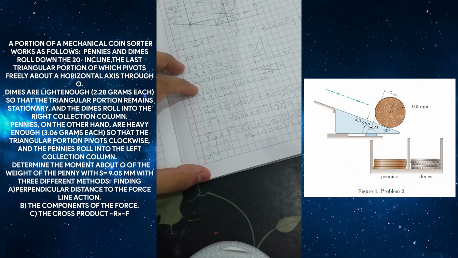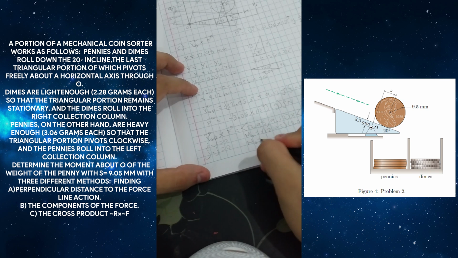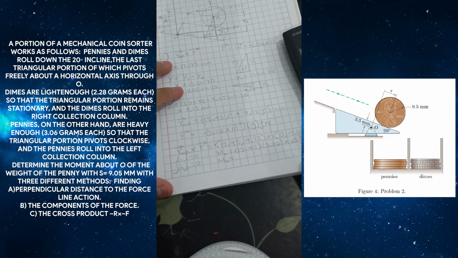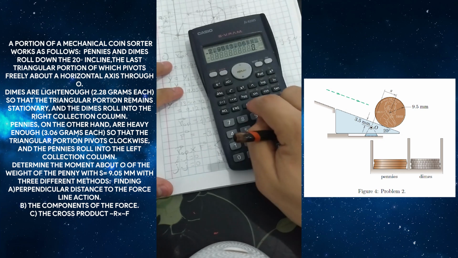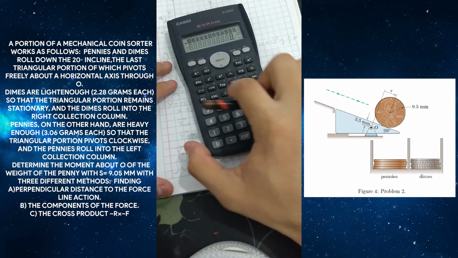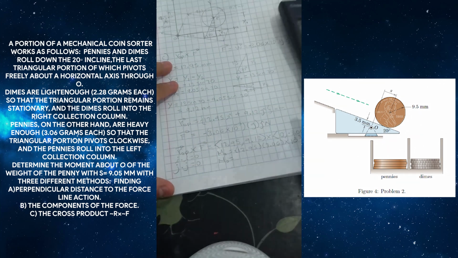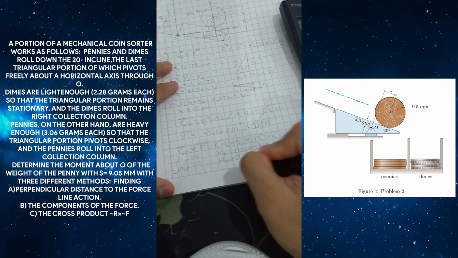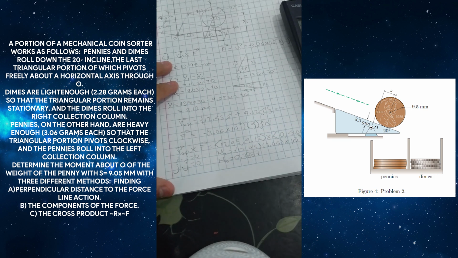And this is in terms of k, therefore the moment is 12.95 times 3.06 times 10 to the power negative 3 times 9.81, 0.38887, negative.